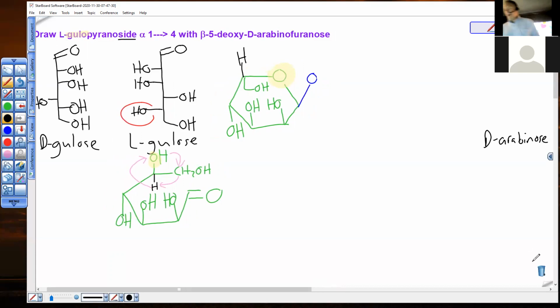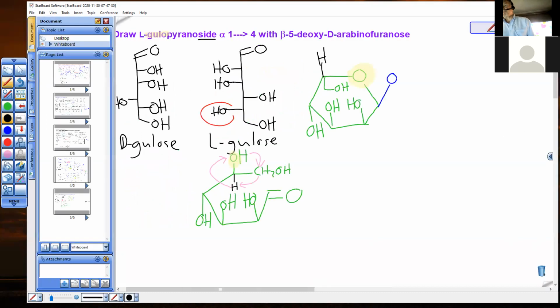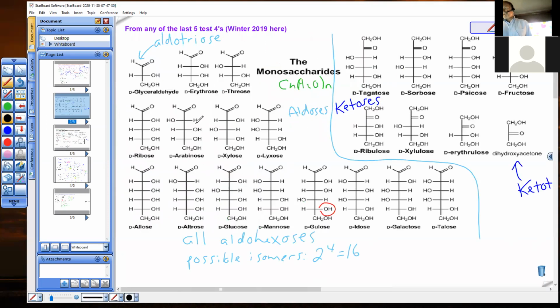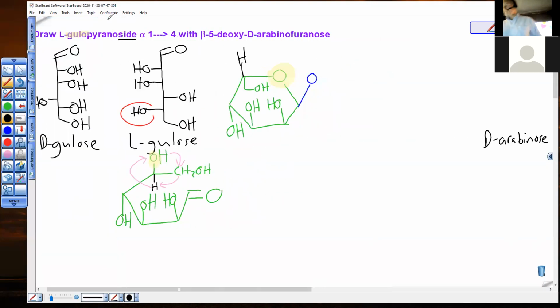That is an aldopentose, if my memory serves correctly. Aldopentose. Aldehydes, arabinose. Left, right, right. Left, right, right.